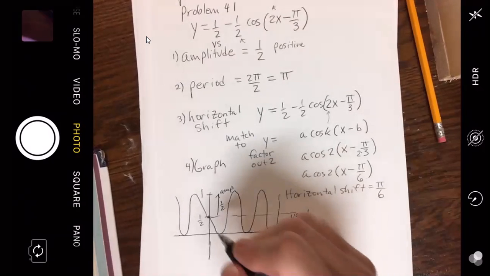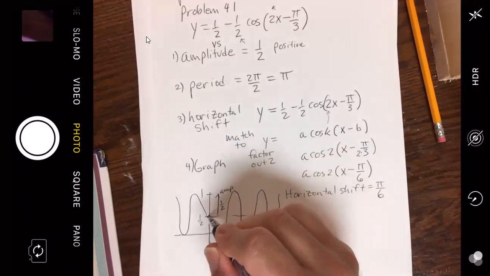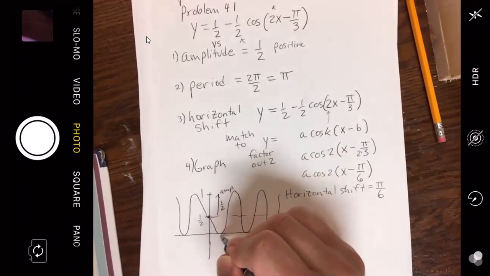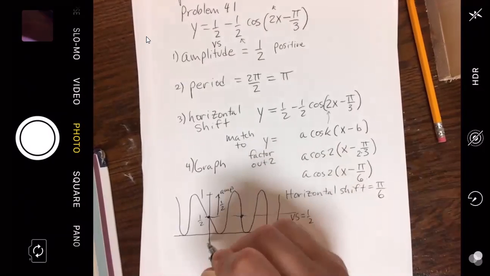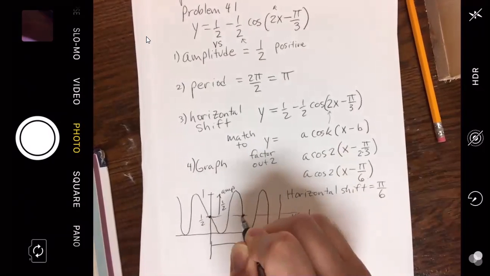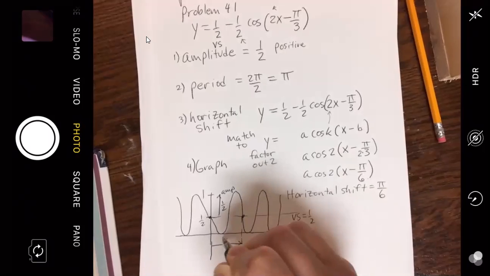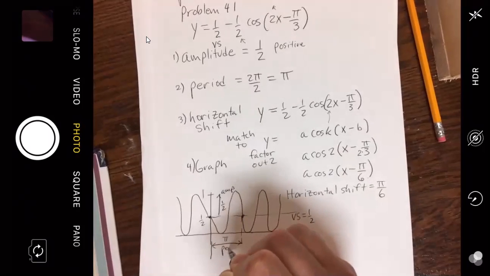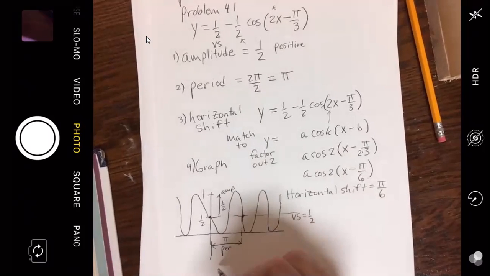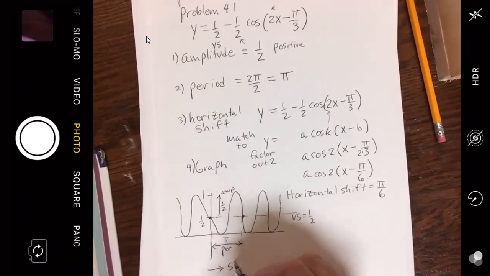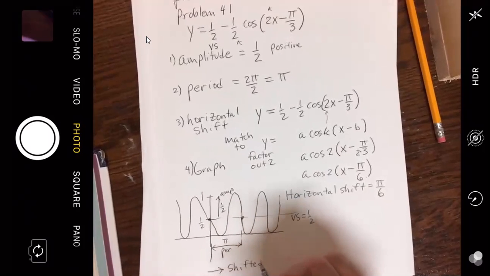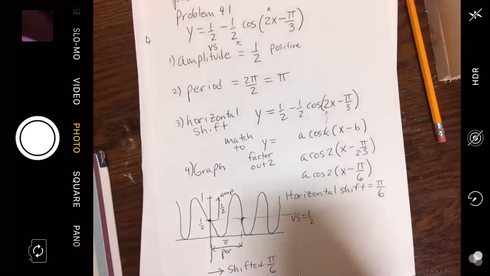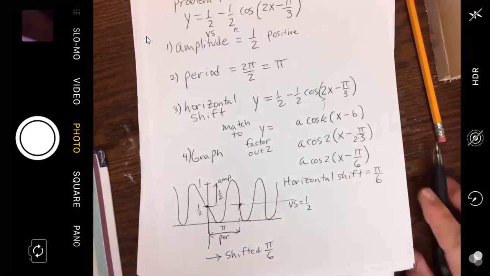All right. Your distance, usually track it from the y-axis on the down slope. So over to here. So from here to here, that's pi, your period. And you've been shifted horizontally pi over 6.